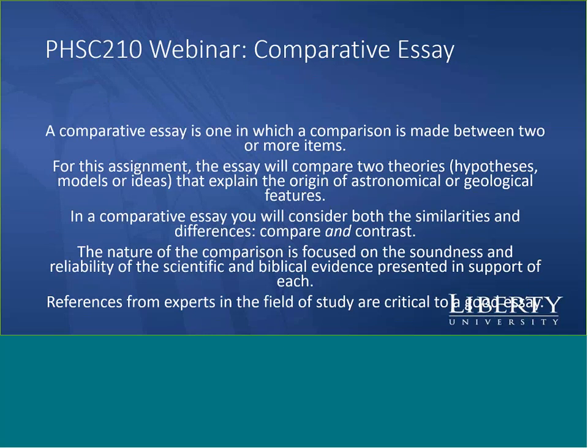In this comparative essay, you will consider both the similarities and differences, compare and contrast. And you'll discuss the nature of the comparison as it relates to the reliability of scientific and biblical evidence that is presented in support of each. And then finally, references from experts in the field are critical to a good essay.